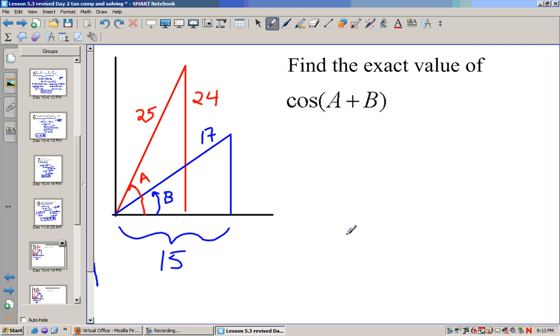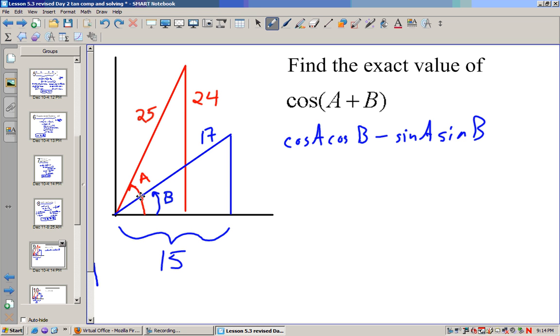We want to find the exact value of cosine of A plus B. If this is a big A, if this is a B, cosine of A plus B, we can't do it by just looking at the information that we have. So we have to expand this to be cosine A, cosine B, minus sine A, sine B. And those we could figure out.